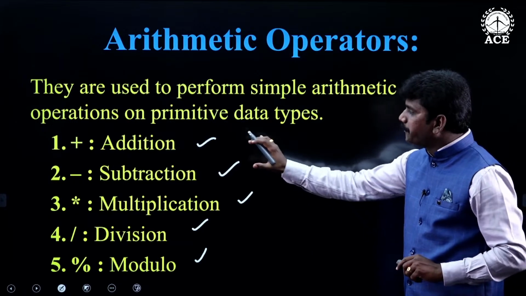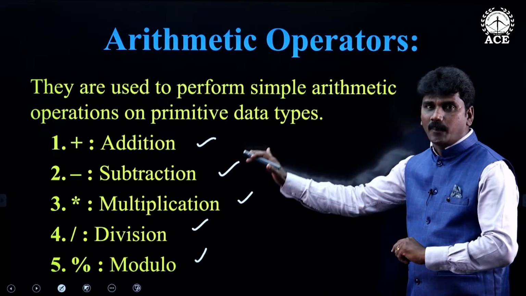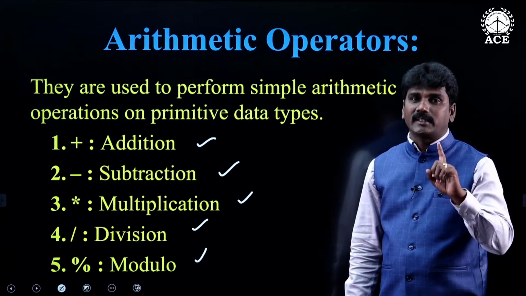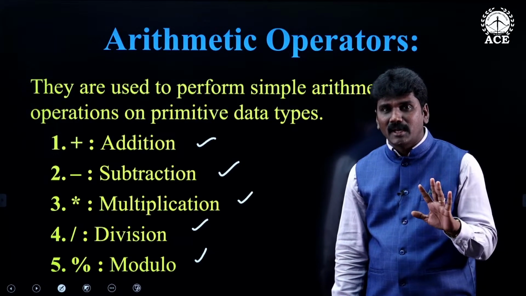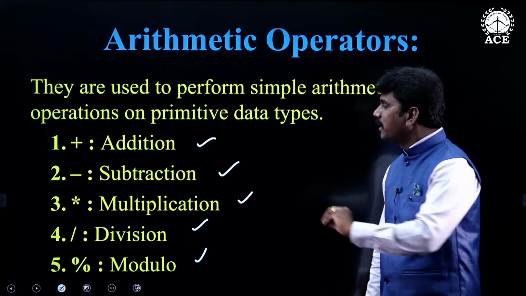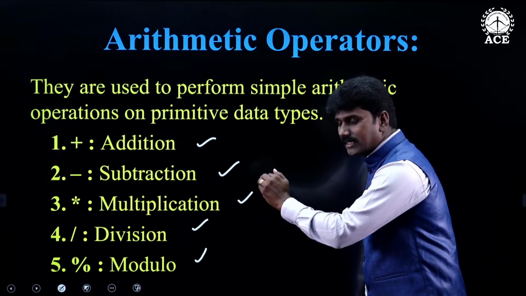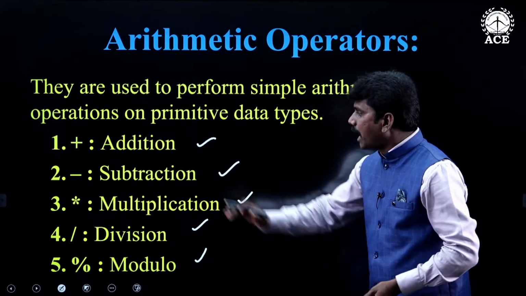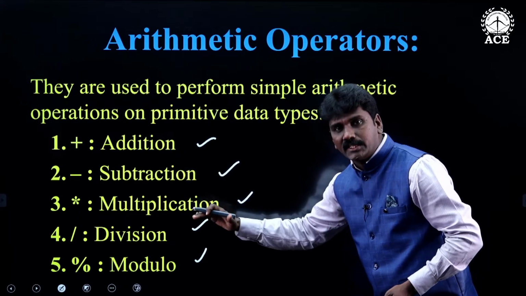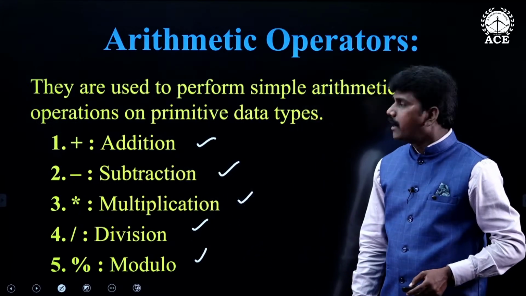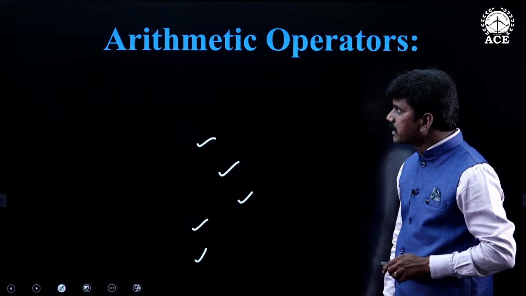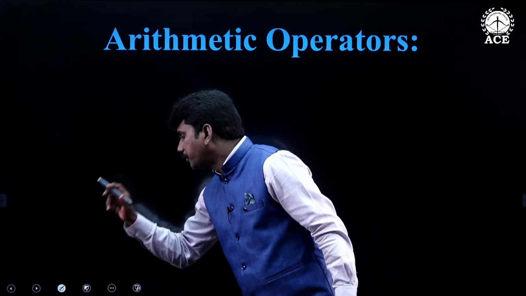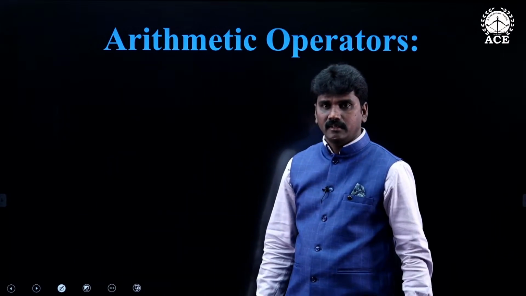That is, plus, minus, asterisk, slash and percent, or modulo. Now let us see one simple program related to the arithmetic operators, and how it is going to be. Let us understand it.